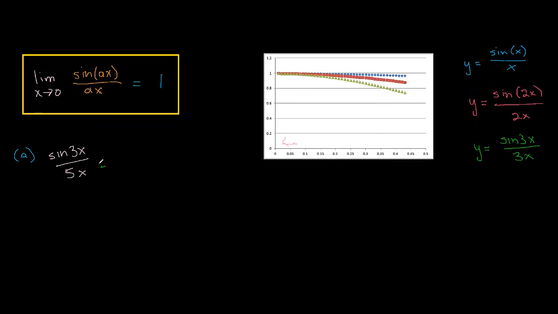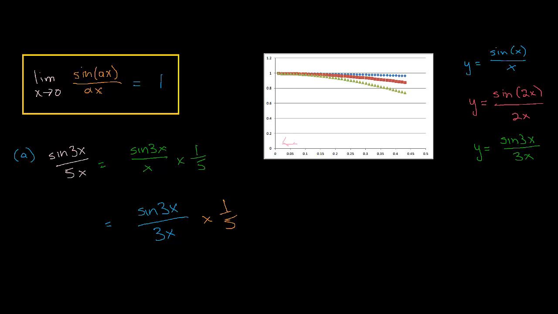Another way of writing this would be sine of 3x on x times 1/5, wouldn't it? Because if we times this by 1/5, the 5 is just going to go here, and then that's what we had over here. So if I go sine of 3x on 3x, I've just popped a 3 there, so we have to rectify that, but we still have the 1/5.